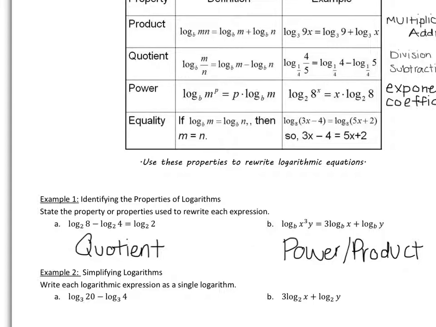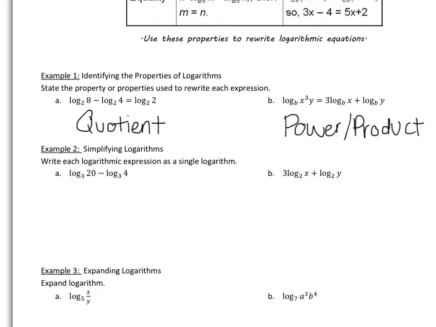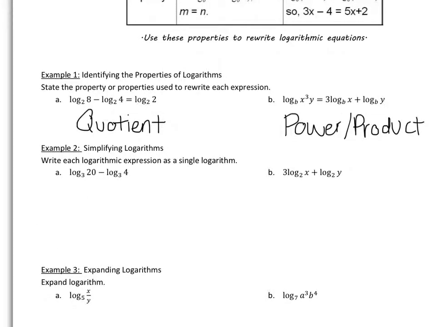Okay. The next set of questions, you are going to simplify the logarithms. It says, write each logarithmic expression as a single logarithm. So we want just one log in our answer. So how can we combine these? The operation between them is subtraction. So when we combine them, what will we do between the 20 and the 4?